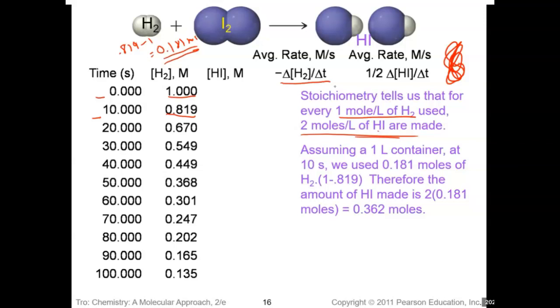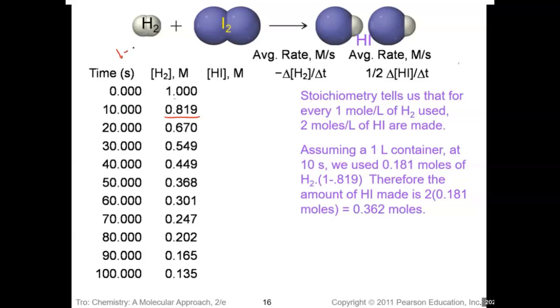Okay, so I'm going to go back here because this again is going to become really confusing in a second. So we're just going to assume that we've got 1 liter, and I'm going to call these moles now. So if we start with 1 mole of H2, and after 10 seconds we have 0.819, that means we have 1 minus 0.819, which is 0.181 moles of H2.